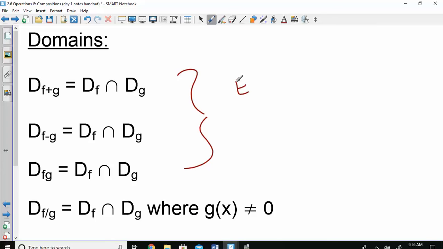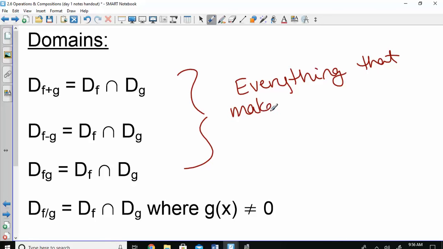So basically your domain is everything that makes both functions true. It will try to step you through this process of taking f and finding the domain and taking g and finding the domain. But we can really just look at it like we did yesterday.